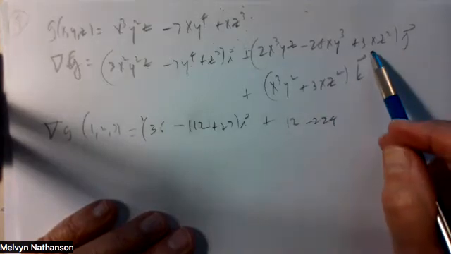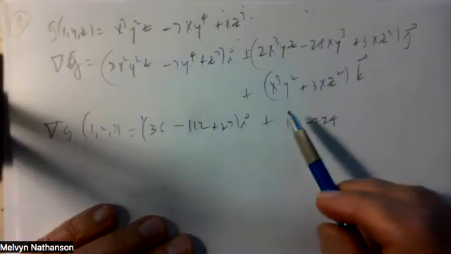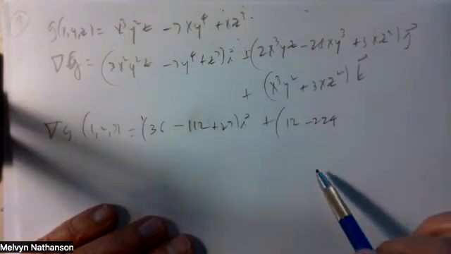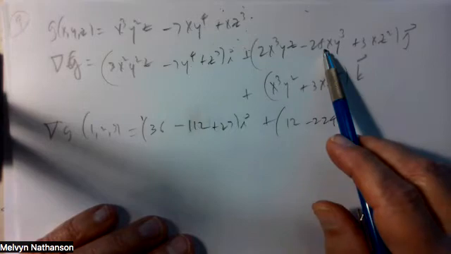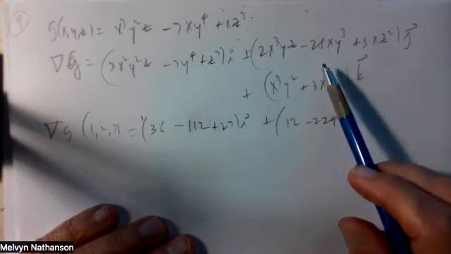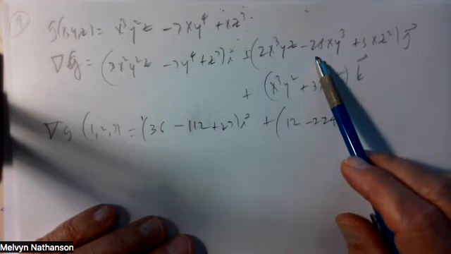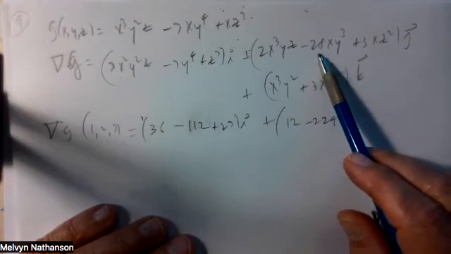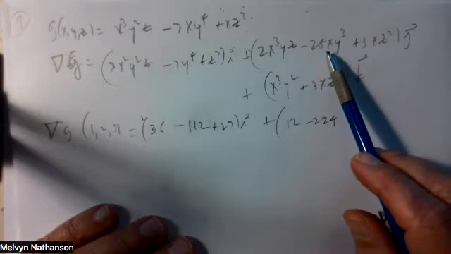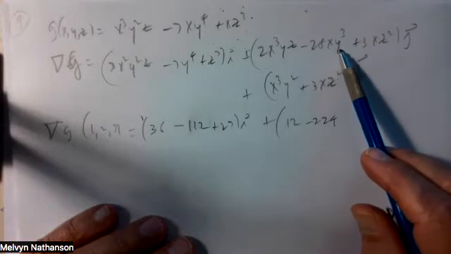Professor, you said 28 y to the third. I'm sorry, what are you asking? Yeah, that one is 28 x y cubed, right? So x is 1 and y is 2. So this is 8.